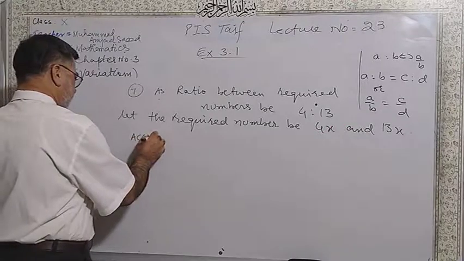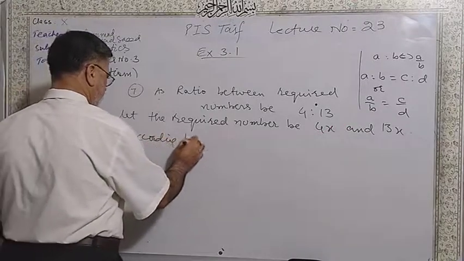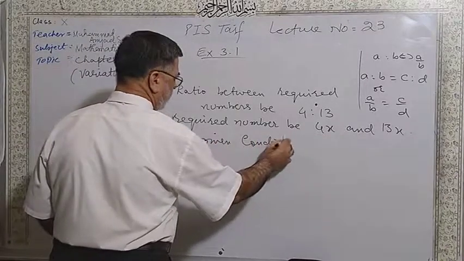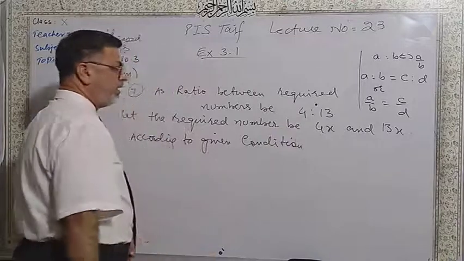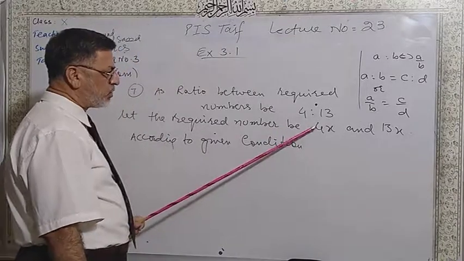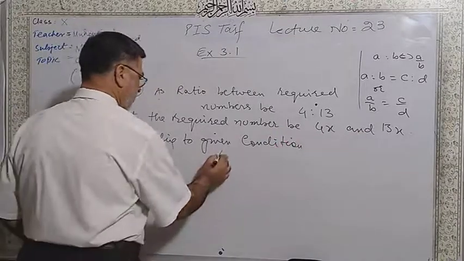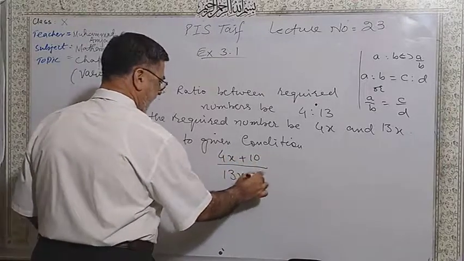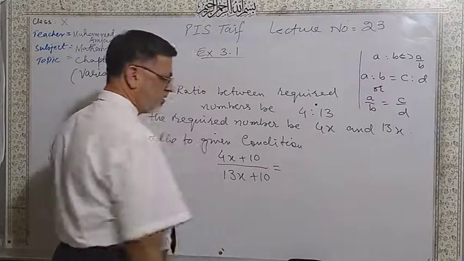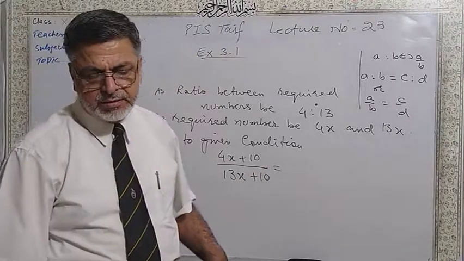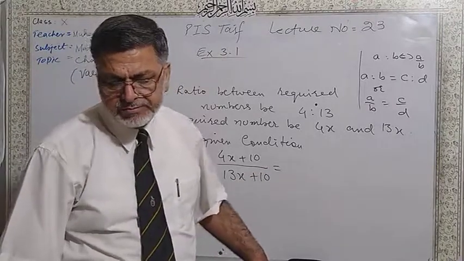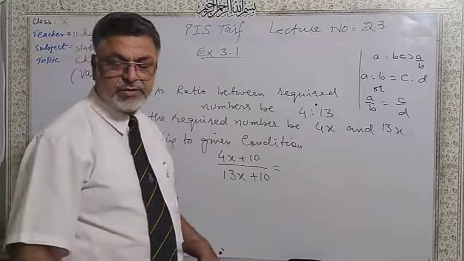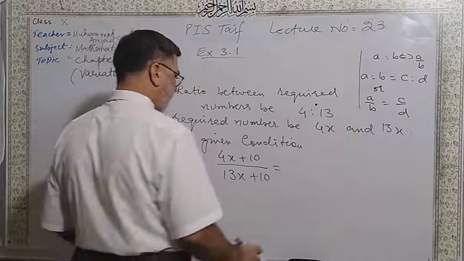According to the given condition, if 10 is added in these two numbers, 4x plus 10 and 13x plus 10, then the ratio will become 1:2.